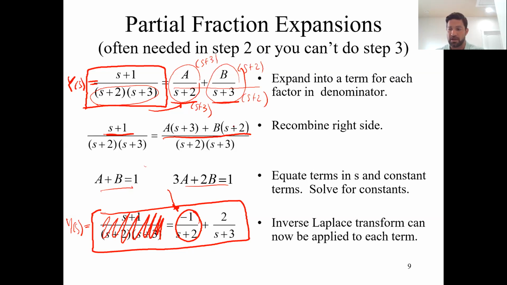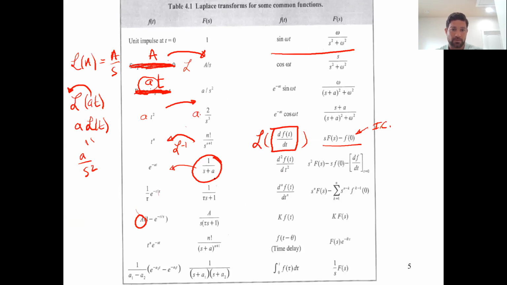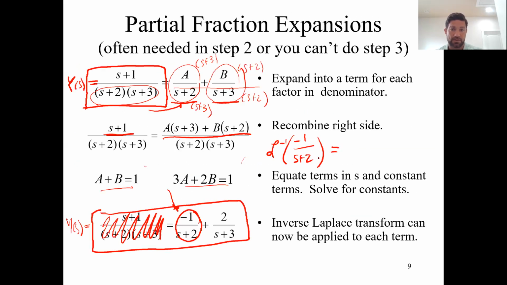So the inverse Laplace of -1 over s plus 2. I'm going to go back and look at my table. This term has -1 as the constant, over s plus 2. So the inverse Laplace of 1 over s plus 2 would be e to the -2t. So over here, I get -1 times e to the -2t.